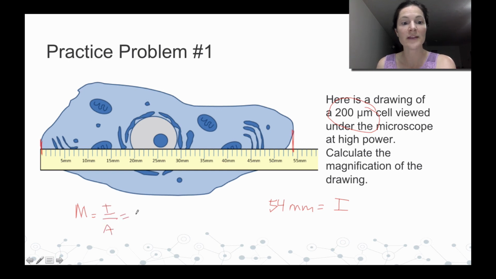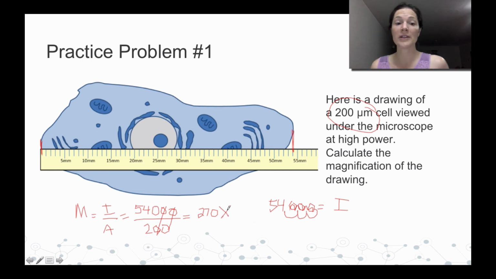You could say the image, 54 millimeters, is really, and then you could multiply by 1,000, or you could move your decimal places 1, 2, 3, 54,000 micrometers, and then divide by your actual of 200. And so that's 27... 540 divided by 2, so it'd be 270.